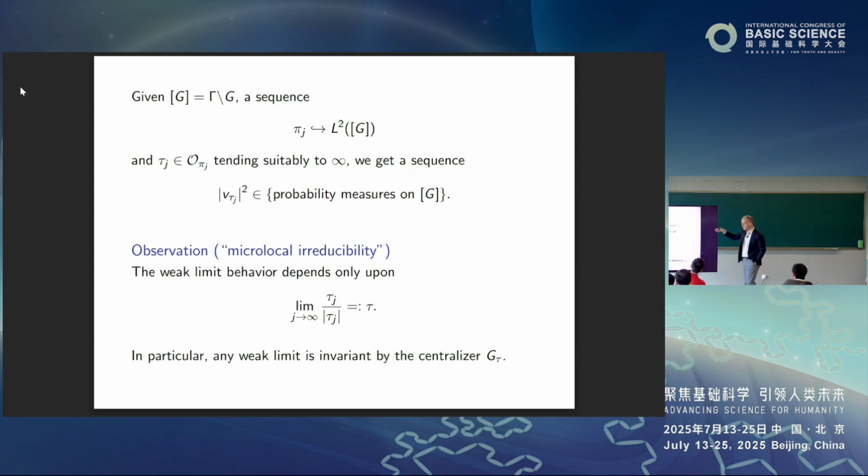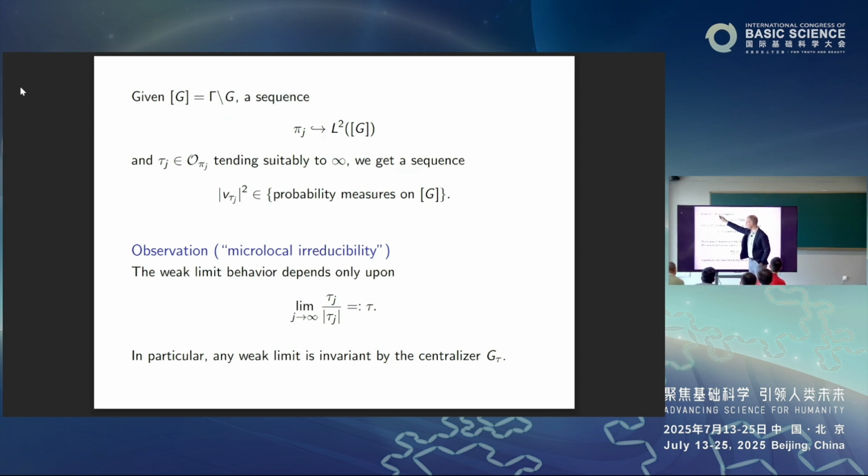A central construction in that whole story was something called the microlocal lift, which was, if you like, a limit measure that you get on certain quotients of Lie groups G. So the quotient we'll call bracket G. It'll be G modulo some discrete subgroup gamma.